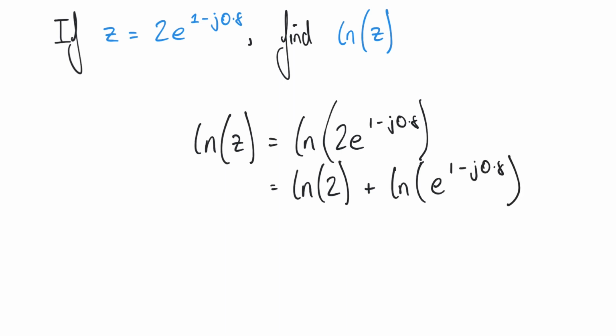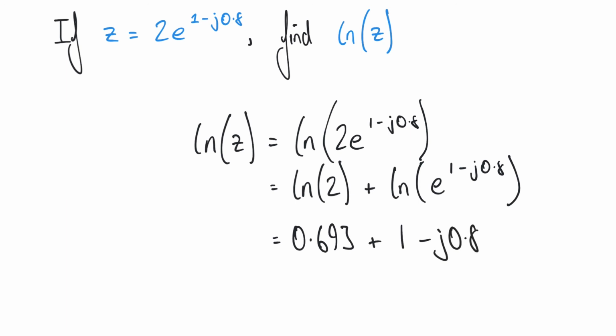Again, this natural logarithm and this exponential cancel one another in a sense, and we're left with ln 2, which evaluates roughly as 0.693, plus 1 minus j 0.8.